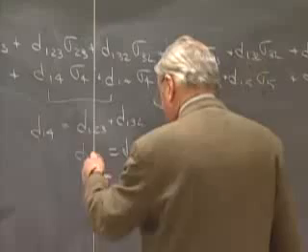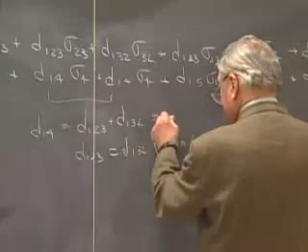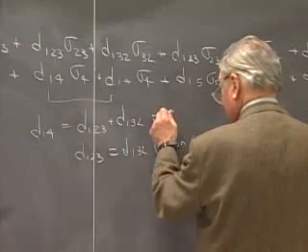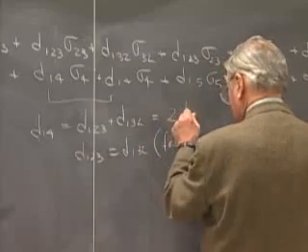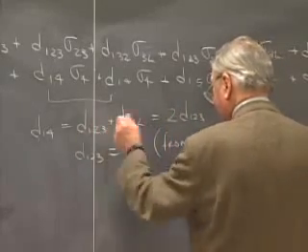So equivalent to saying this is to define D14 as twice D123, because these two elements are equal.